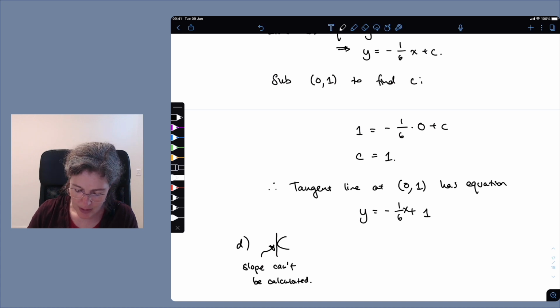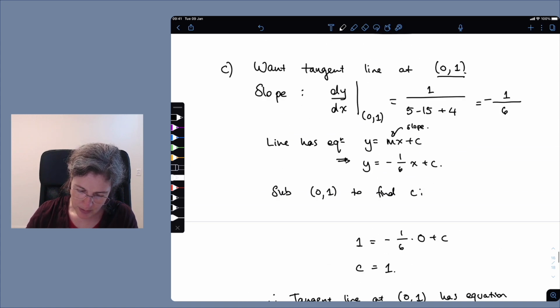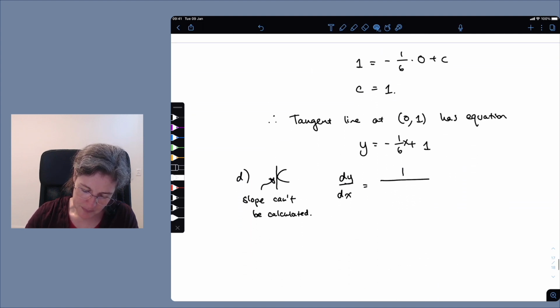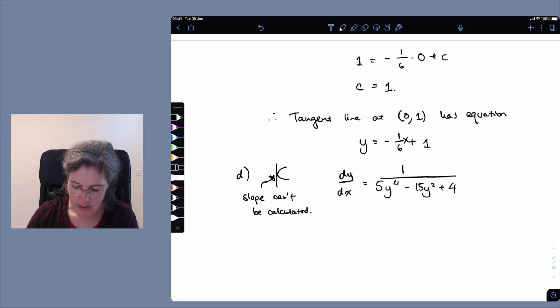So if we think about the derivative that we calculated, we got dy by dx is 1 over, actually let's just copy this bit. So what we're interested in is, when is this thing over here undefined? And obviously it's going to be undefined whenever our denominator is 0.